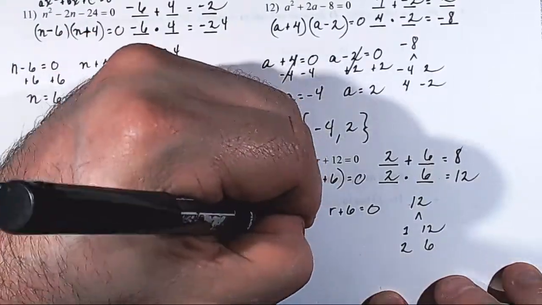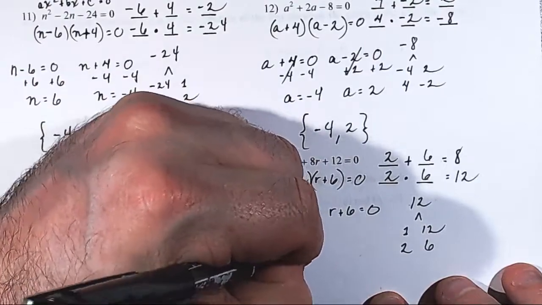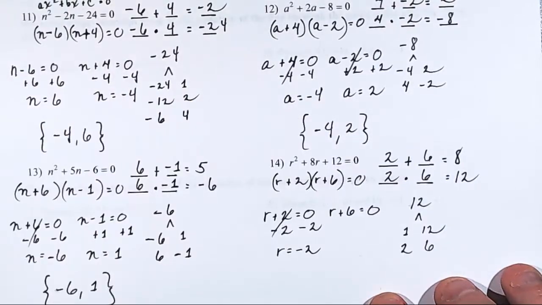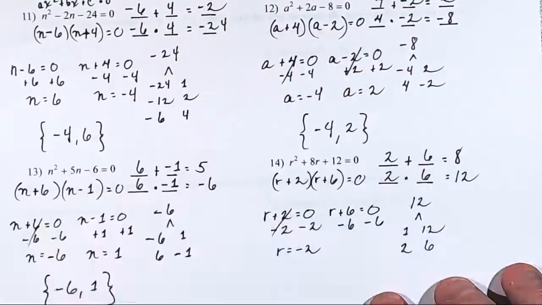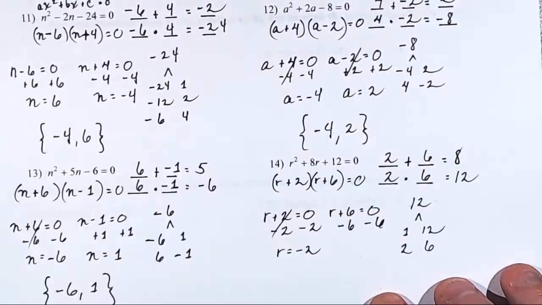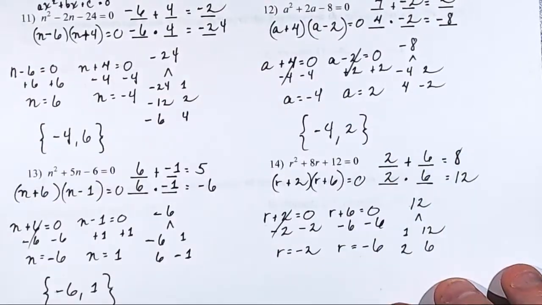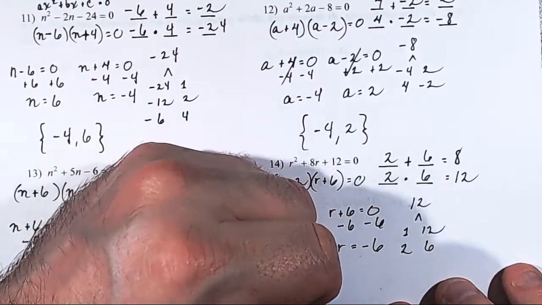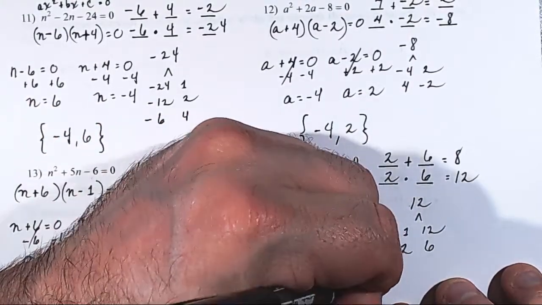R plus 2 equals 0. Subtract 2 from both sides. You get r equals negative 2. R plus 6 equals 0. Subtract 6 from both sides. Get r equals negative 6. So your solution set is negative 6, comma, negative 2.